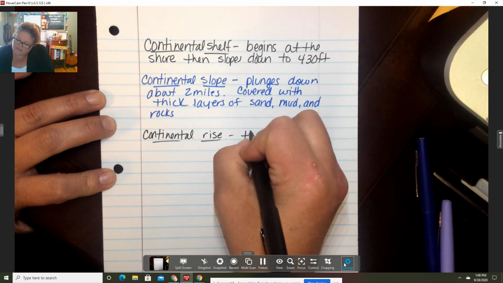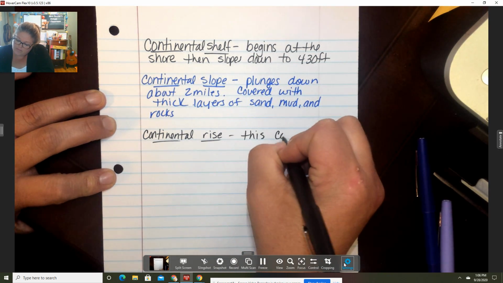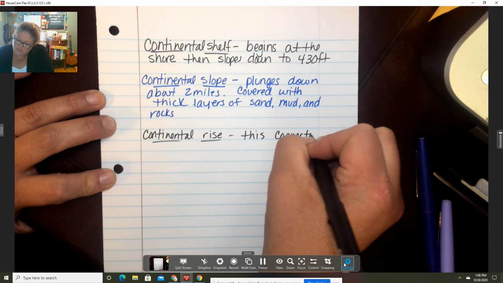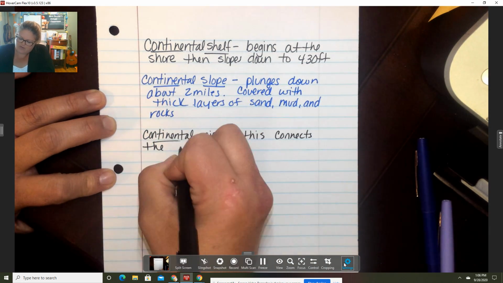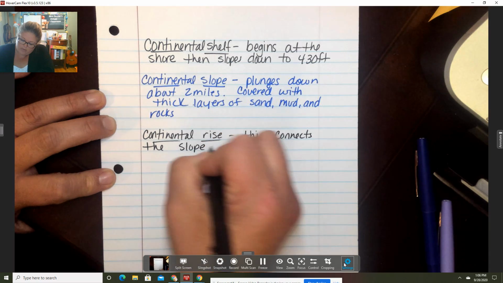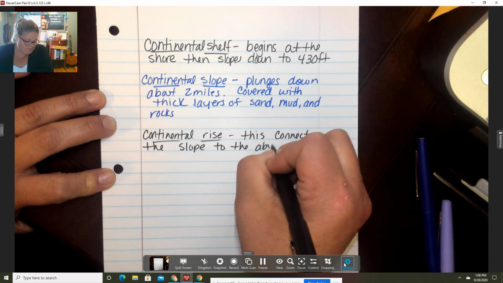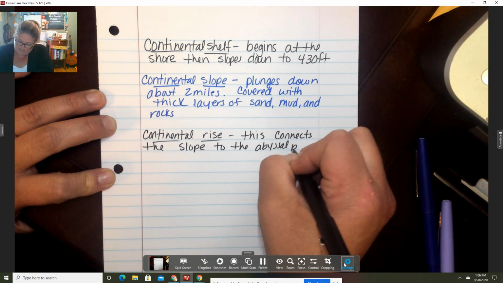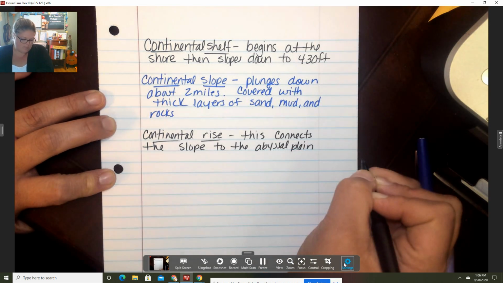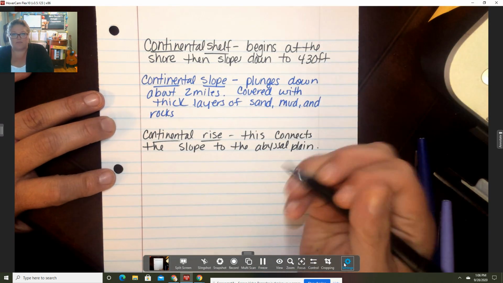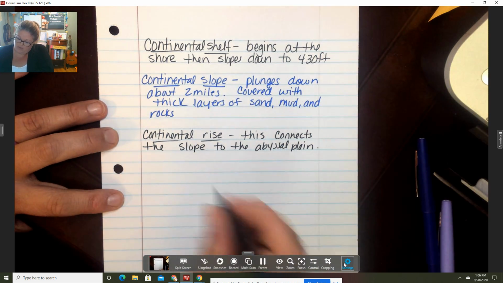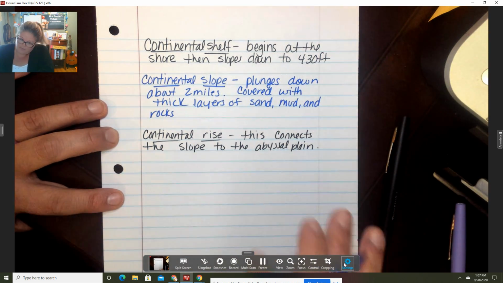So this connects, and I'm just going to say slope to the abyssal plain. All right. And it also is covered with sand, mud, and rocks. All right. And then we have the abyssal plain.